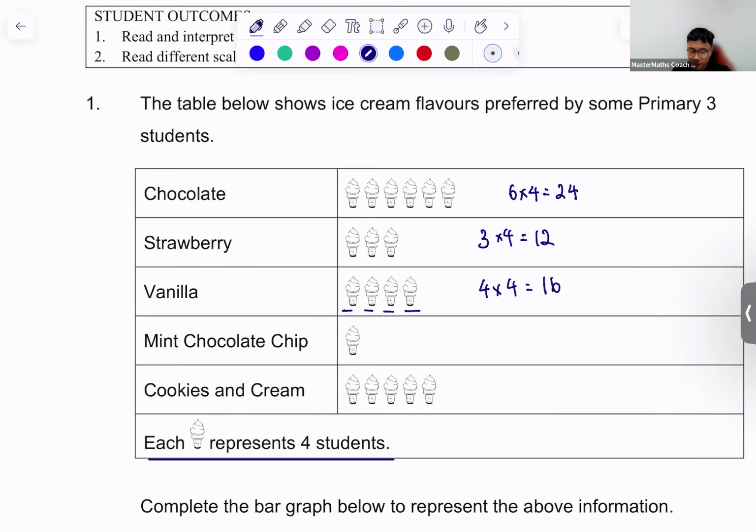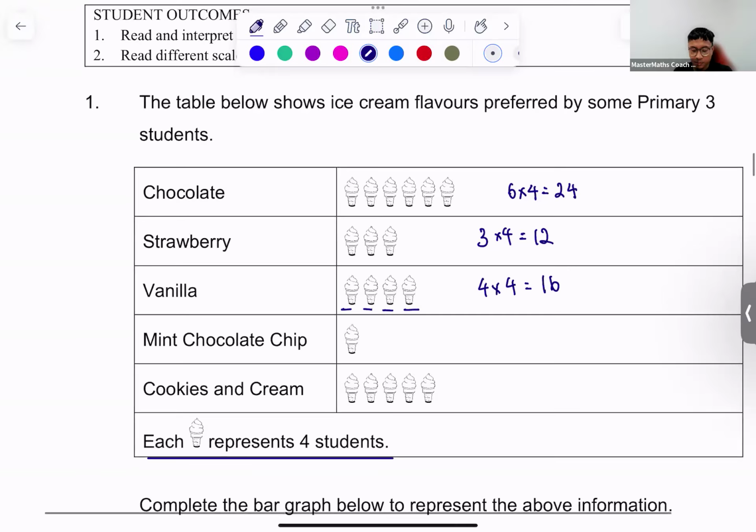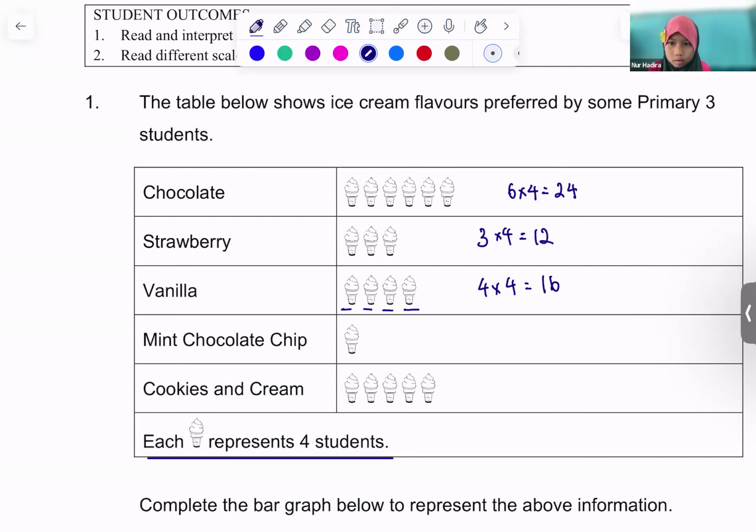Then the next one, mint chocolate chip. How many students like mint chocolate chip? Can you tell me? 1. Okay, it's one ice cream cone, but one ice cream cone equals how many students? 4 students. Four students. So here is 1 times 4.